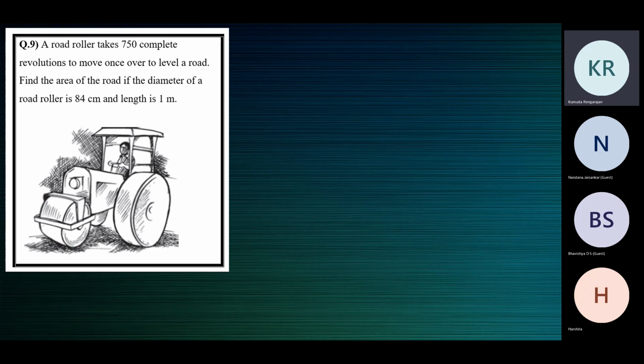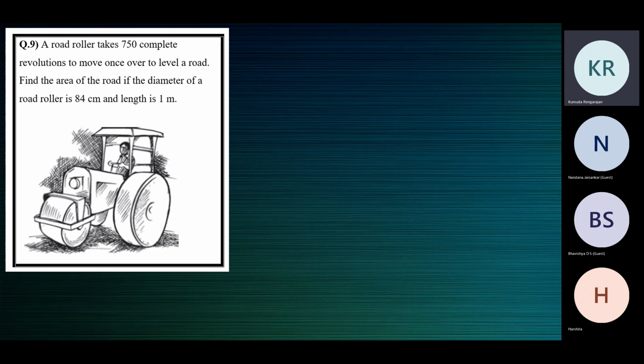You can see the road roller is cylindrical. Find the area of the road if the diameter of the road roller is 84 centimeters and the length is 1 meter.